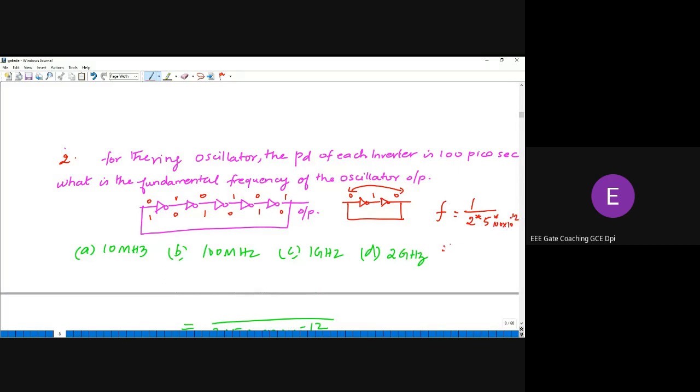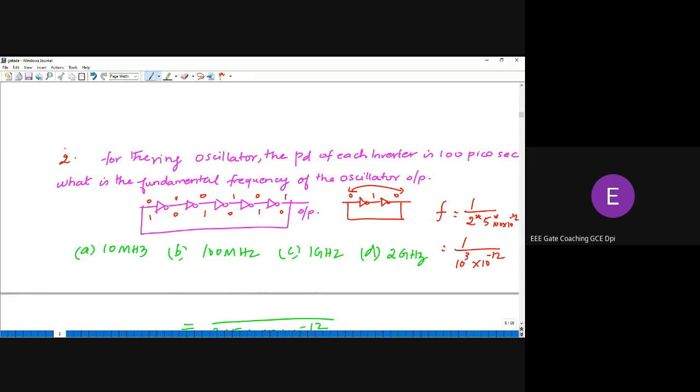So this becomes 1 divided by 10 power 4 into 10 power minus 12. This is nothing but 1 divided by 10 power 8. So if it goes up, it becomes 3. Sorry, it's 10 power 3.